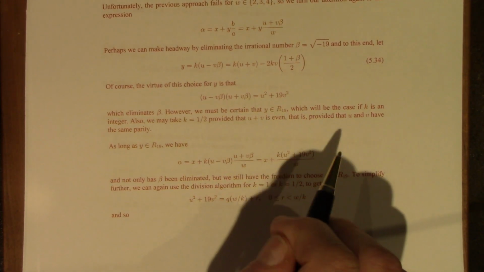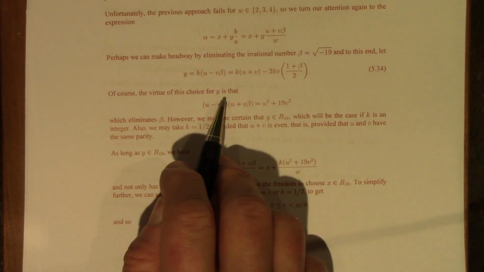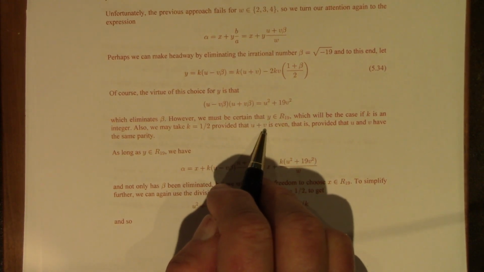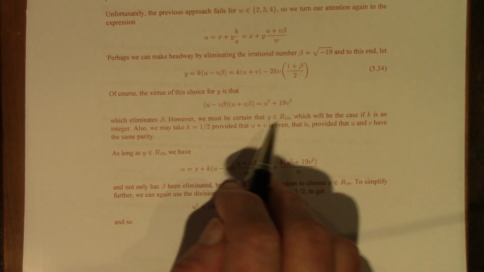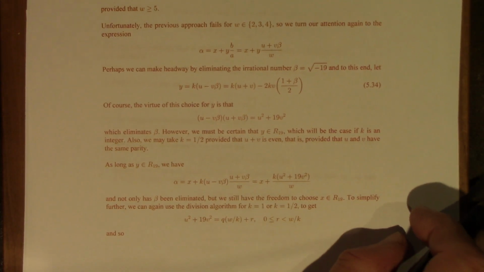So we're actually interested in k equals 1, and that's okay, and also k equals 1/2 when u plus v is even, or in other words, when u and v have the same parity. Okay.